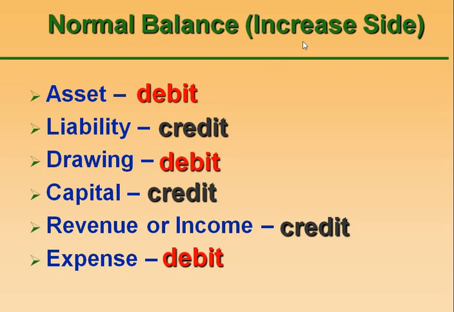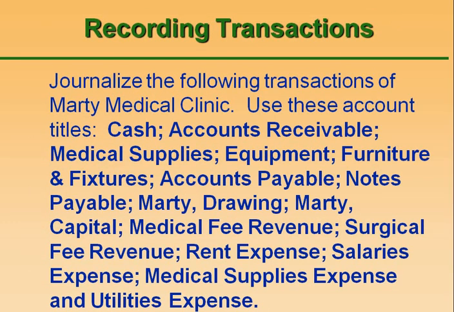In other words, if you want to increase an expense account, you have to debit it. If you need to decrease an expense account, you have to do the opposite. What's the opposite of debit? Credit. With that, let's have this problem. Journalize the following transactions of Marty Medical Clinic.